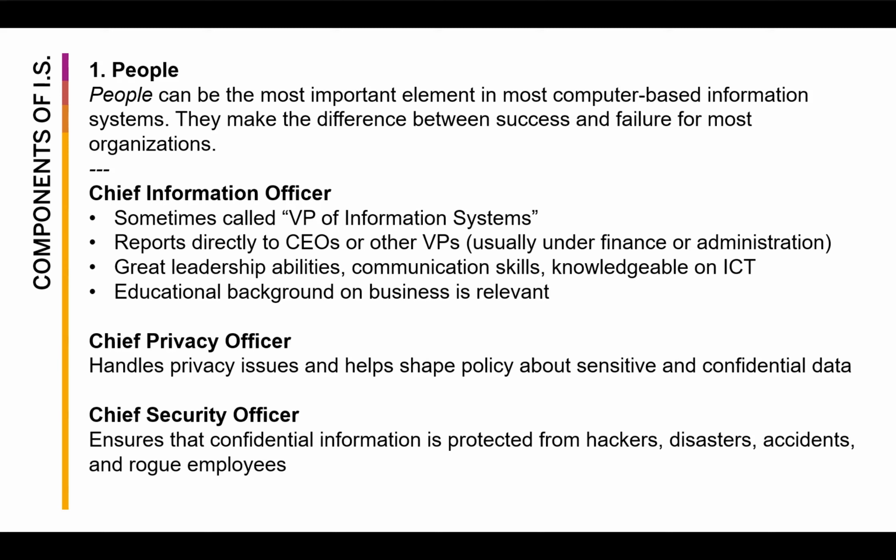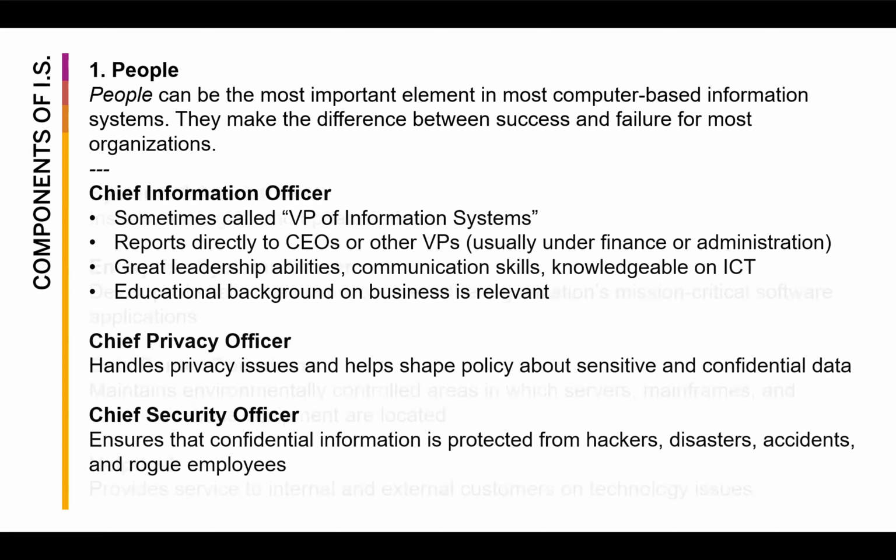For most cases, they are combined into one role. But the importance here is that privacy and security is one of the critical aspects that the CIO manages. Whether it's the CIO or at times a separate person handling the privacy and security issues. So basically that's it.